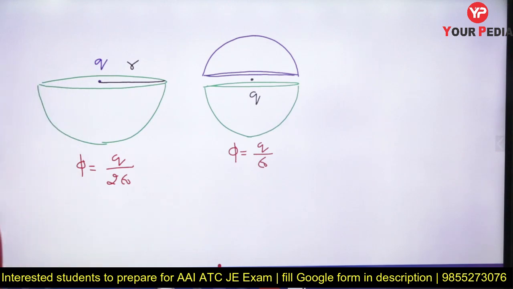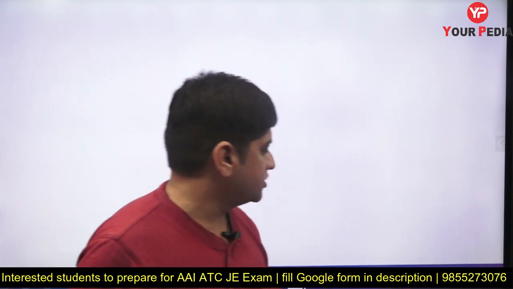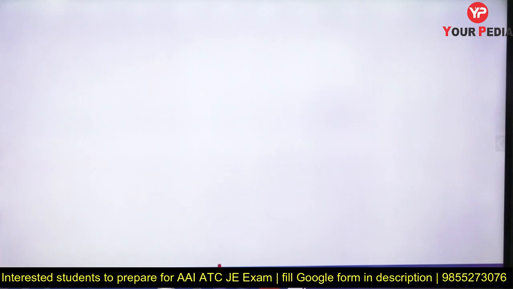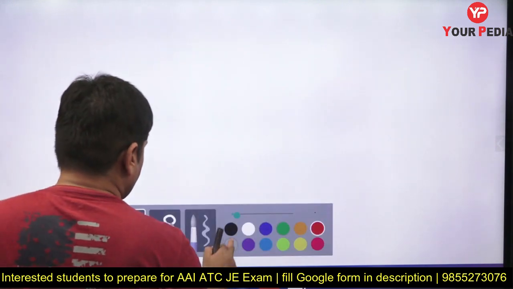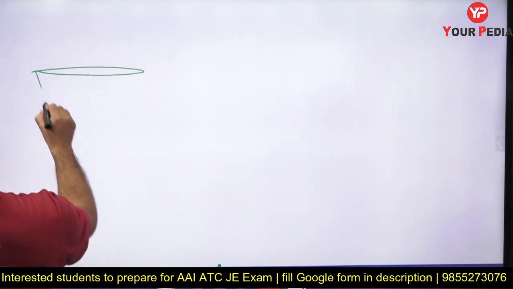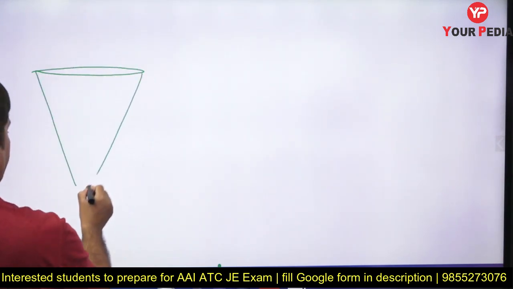Got it? Now let me give you one formula which you need to remember for your Airport Authority of India exam. There is a derivation also, but you need to remember this. Let me give you this shape. I am giving you a conical shaped body. Cone you know, right?